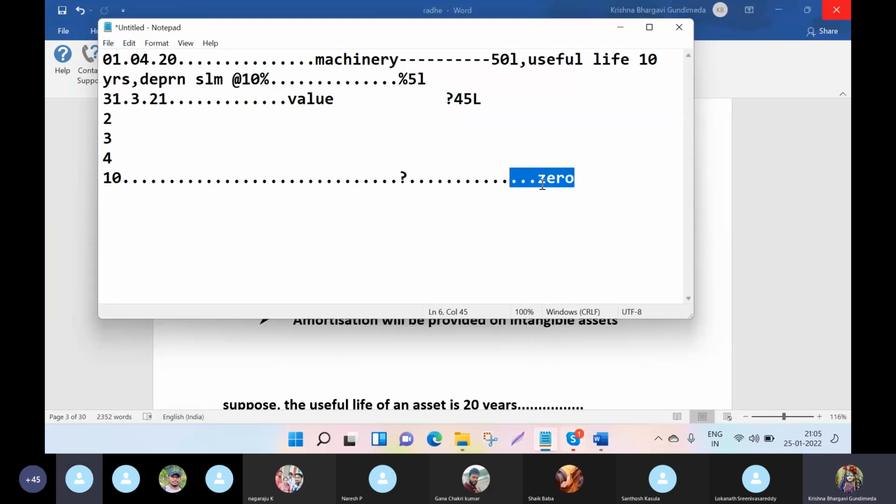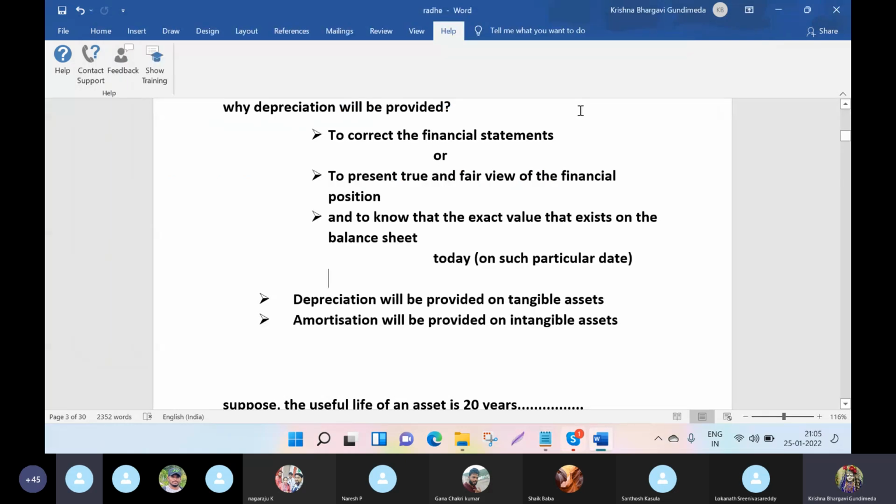And when we need to purchase another asset, before it comes to 0, the situation becomes the asset procurement process, the purchase of an asset. So we have to know how to purchase an asset.